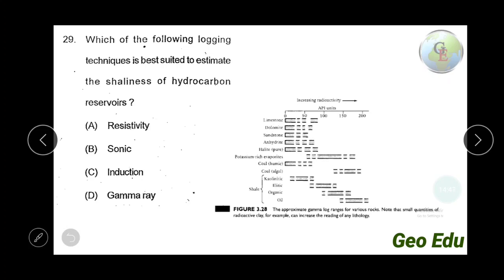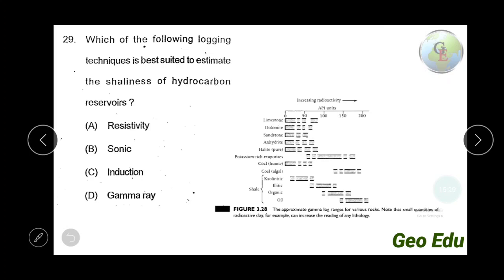By logging, geoscientists generally get more information about physical properties of rock to calculate hydrocarbon volume, shale volume, water saturation, porosity, permeability, elasticity, reflectivity coefficient. These are generally determined from logging.